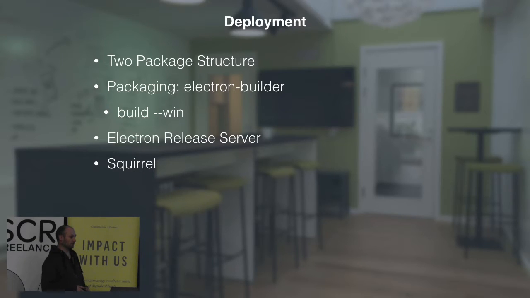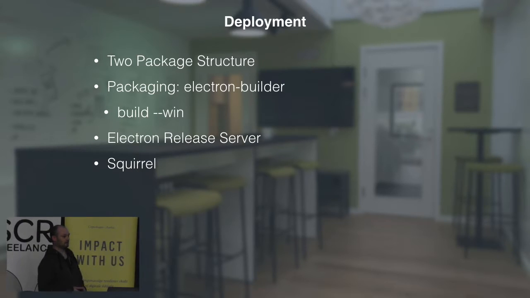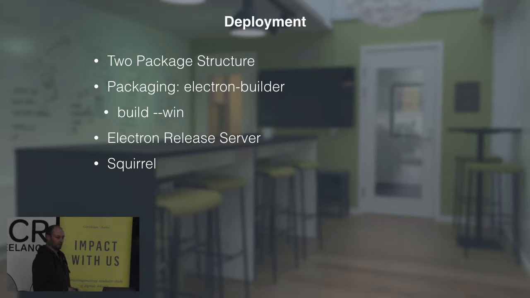It just has a download page, and then it has a simple administration area where you can upload your assets, and that's basically it. Everything else is just the Squirrel Framework running in the background. I don't know, does anybody have any experience with this? Show of hands? Okay, zero.